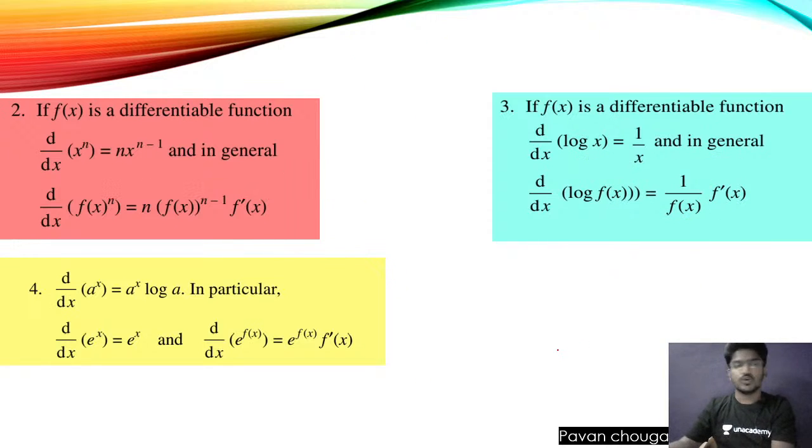Now let us go for the fourth one. D by dx of a raised to x will be a raised to x into log a. See this, d by dx of a raised to x is a to the power of x into log a.